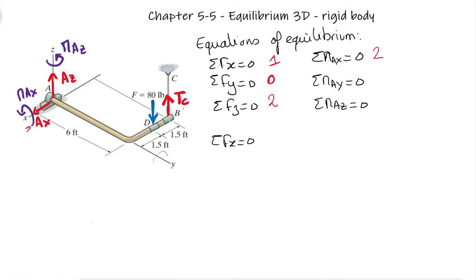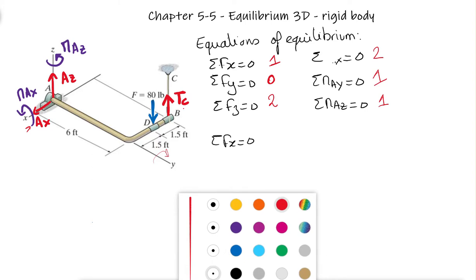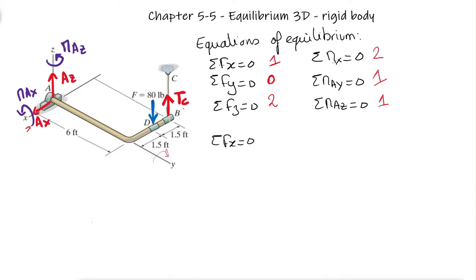About this axis Y, we don't have any moment that we don't know about Y, and we have TC only. 1 unknown. Woohoo! We like that. And about Z, we have this unknown, and TC is parallel to Z, so it does not create any moment about this, so one unknown.